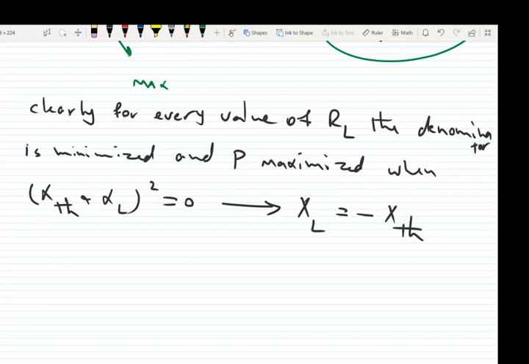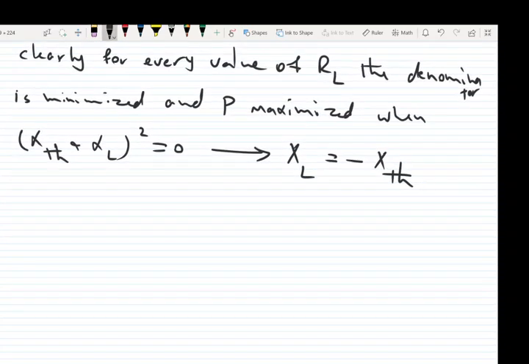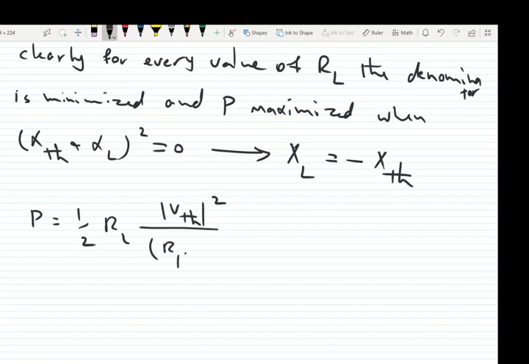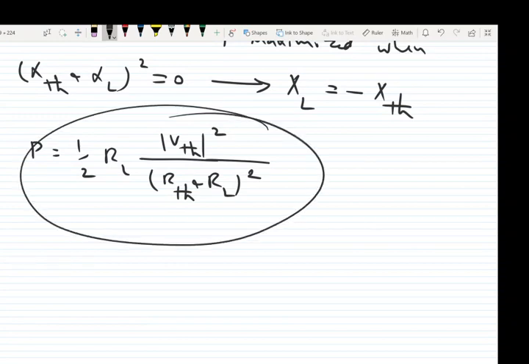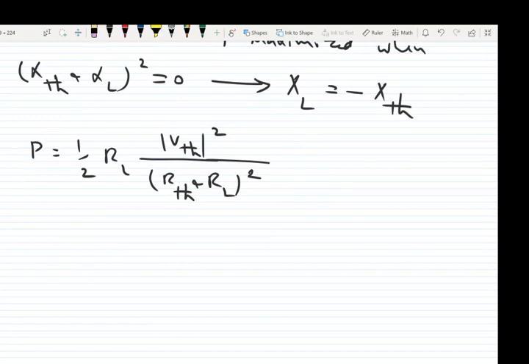If XL is equal to negative X Thevenin, the power will be equal to 1/2 RL V Thevenin squared over R Thevenin plus RL squared. Now we want to find RL in a way that the value is maximized.